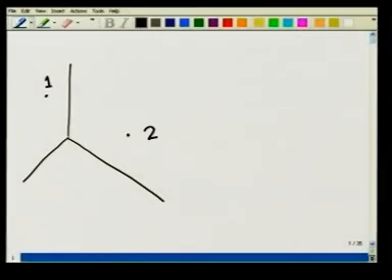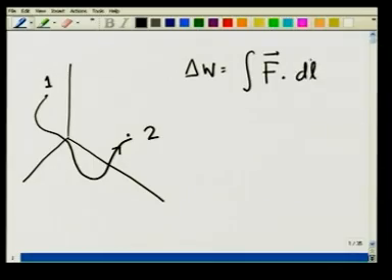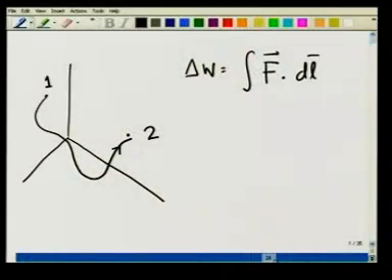If I go from point 1 to point 2 through some path, the work done is defined as an integral of F dot dl, where F is a force that I am applying, or, if I am considering the work done by the force field, then the force is the force field. Later when we discuss more, we will focus on this once more, because this sometimes gets confusing whether it is the work done by the force or work done on the body, work done by us, and so on.